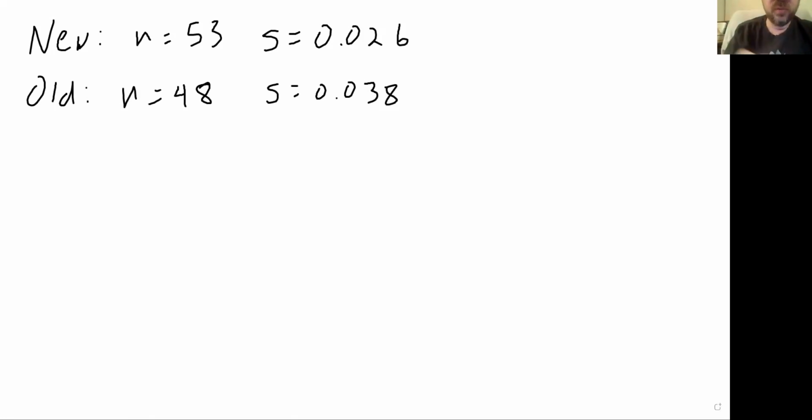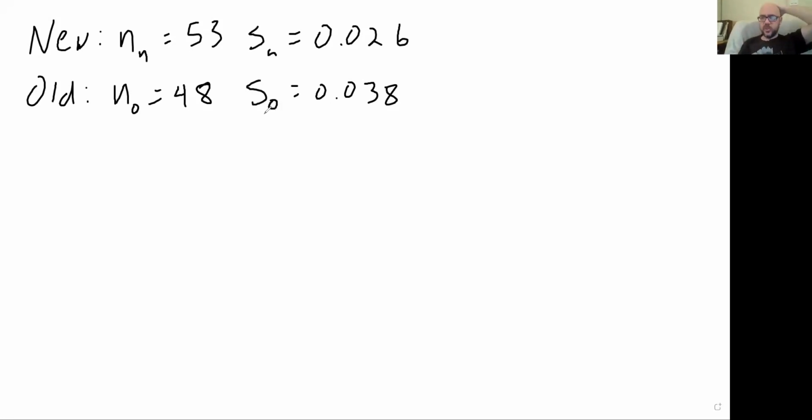I don't want to just call these n and s, right? I want them to be n's and s's, of course, because that's what we use for sample size and sample standard deviation. But I want this to be n sub new and n sub old and s sub new and s sub old.